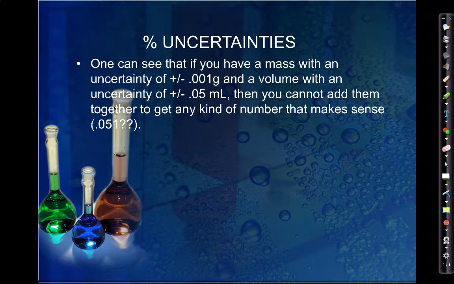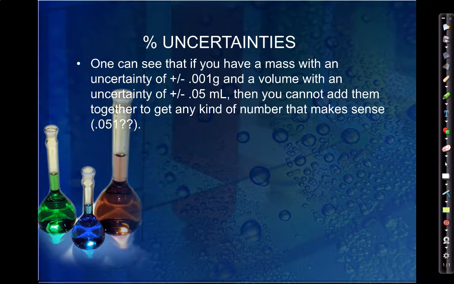So percent uncertainty. One of the reasons that we use this is because let's say that I want to take a density. Density is mass and volume. So let's say that I have a mass and the uncertainty of that mass is 0.001. And then we have a volume and the uncertainty is 0.05, but they're in different units, which is why we have to convert this into a percent uncertainty. Now, you have to do this no matter what, even if they're in the same unit.